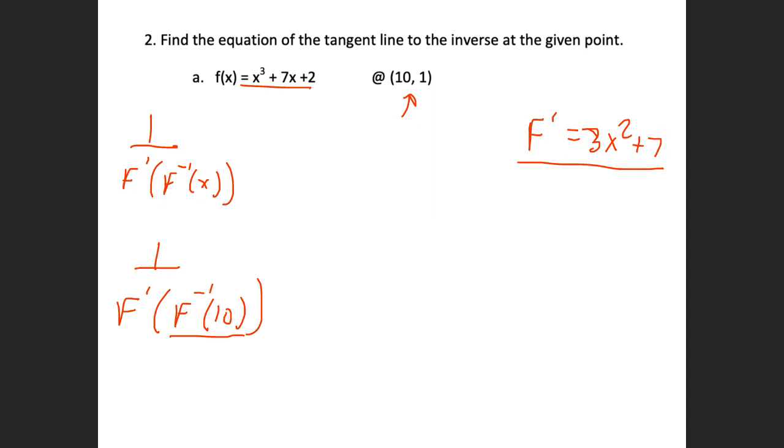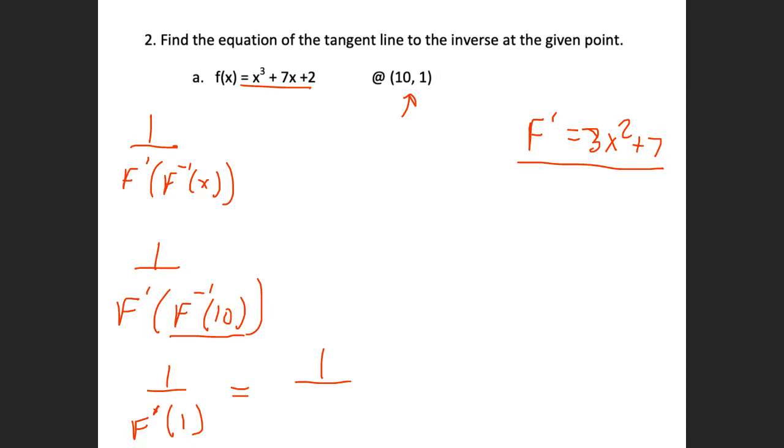1. Right. So in place of all of this, I'm just going to rewrite it as 1 over f prime of 1. So now I know 1 is going to be on top. This is telling me to plug 1 into the derivative of f. Well, the derivative of f is just 3x squared plus 7.